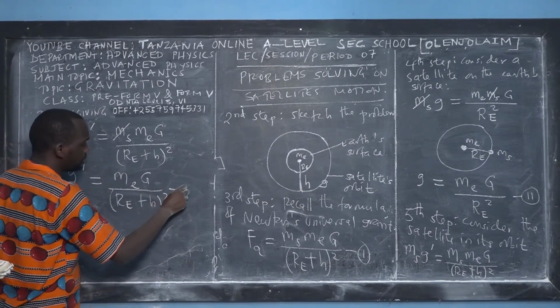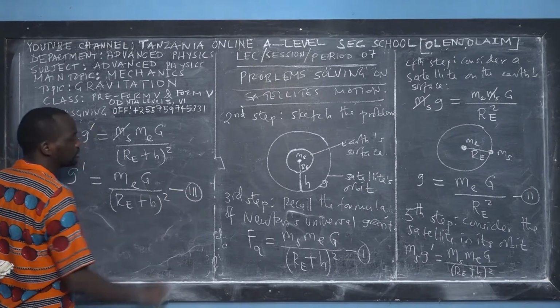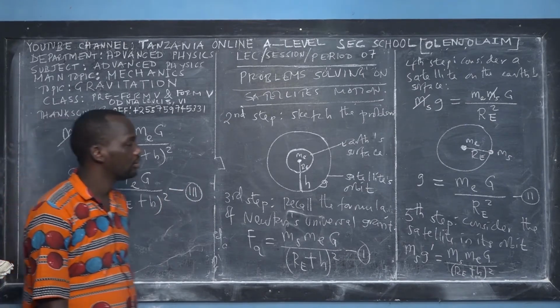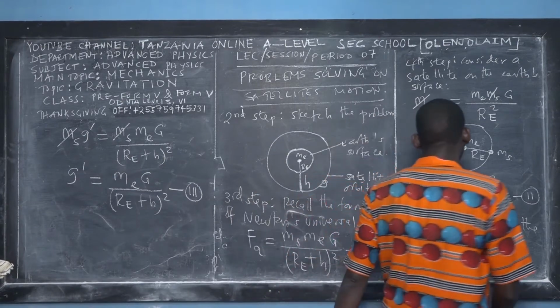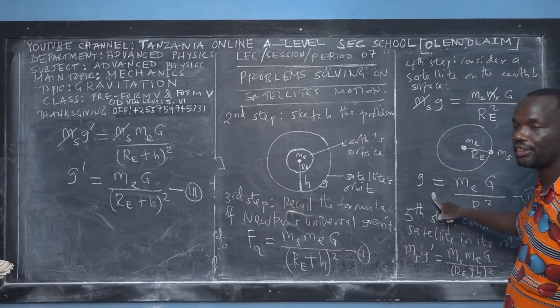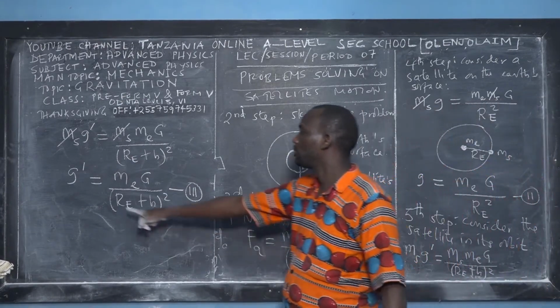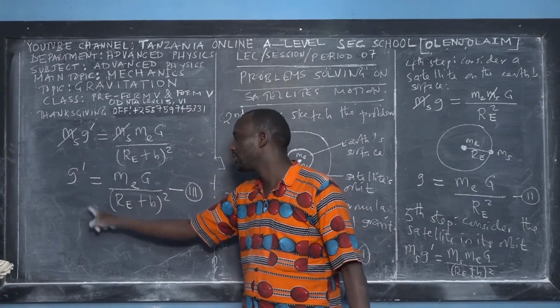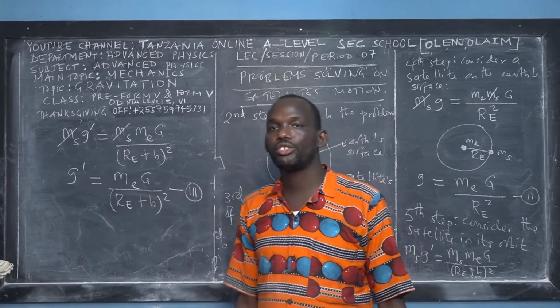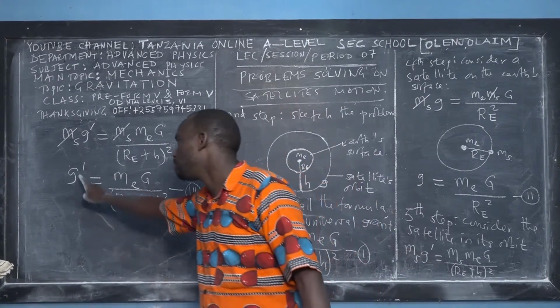So this is the third equation, right? This gives us acceleration due to gravity on the Earth's surface, and this equation will give us acceleration due to gravity at the satellite. What I've been asked to find is g dash.